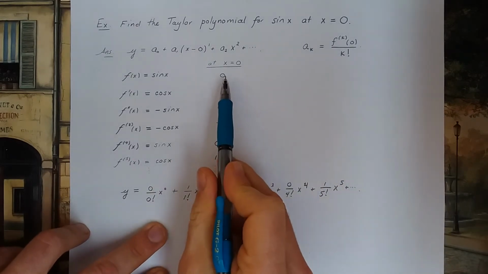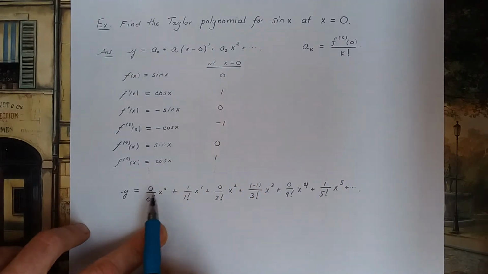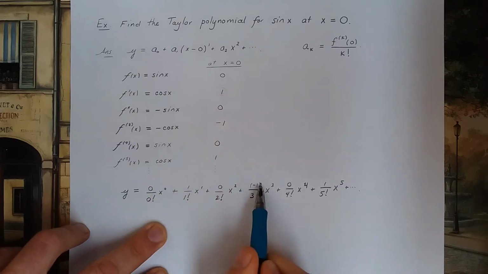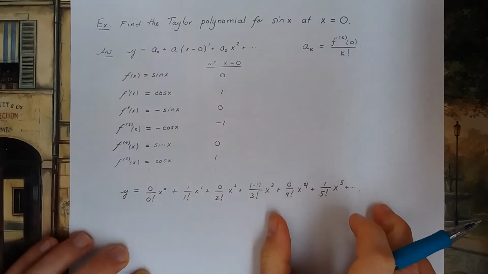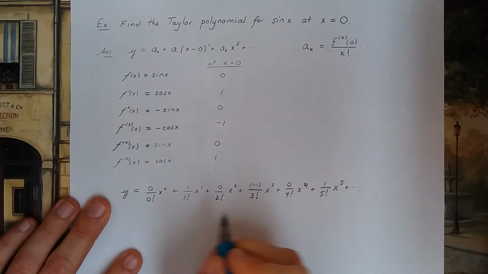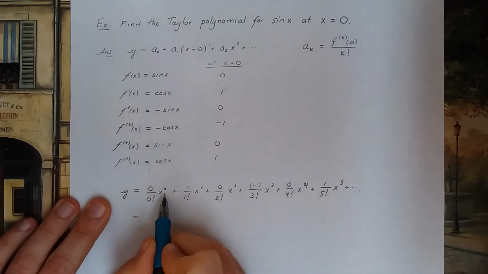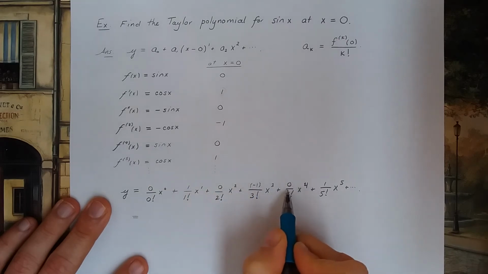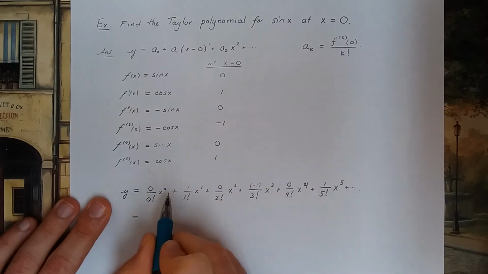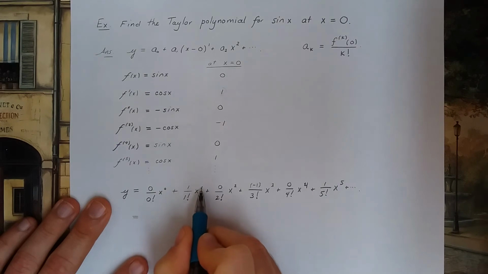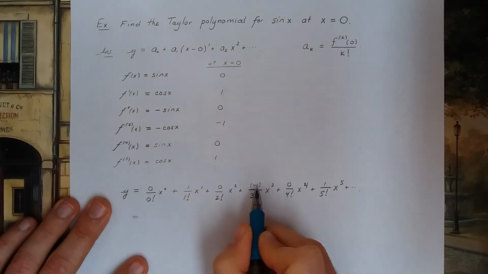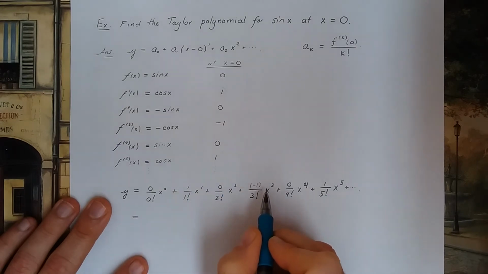So the coefficients 0, 1, 0, negative 1 are what I'm writing down here. Okay, so that's an answer, but I'd like to write it a little bit simpler. I don't need to write down all the terms that are 0. If you'll notice, only the odd exponents have a non-zero coefficient.